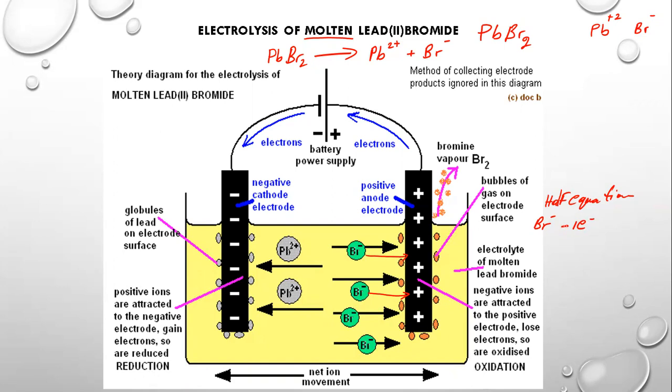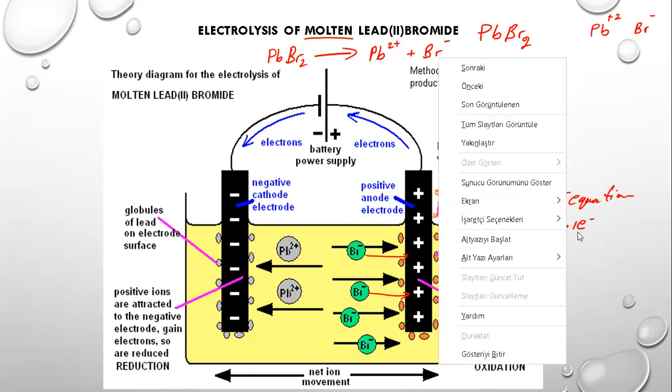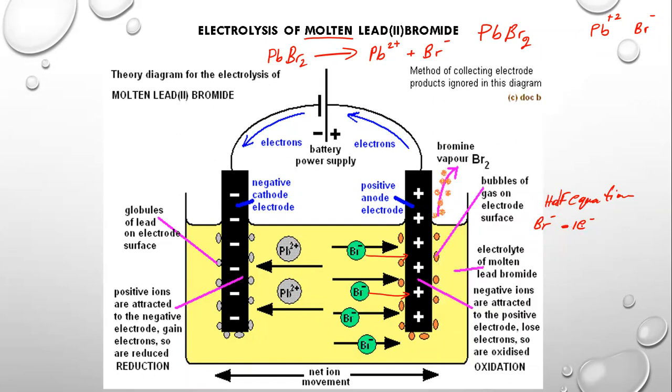That minus sign is indicating that your bromide ion is losing 1 electron. So minus 1 electron forms a Br atom. Note that the bromine atom has no charge. Because atoms have no charge, the number of protons and electrons are balanced. Therefore, they've got no overall charge.